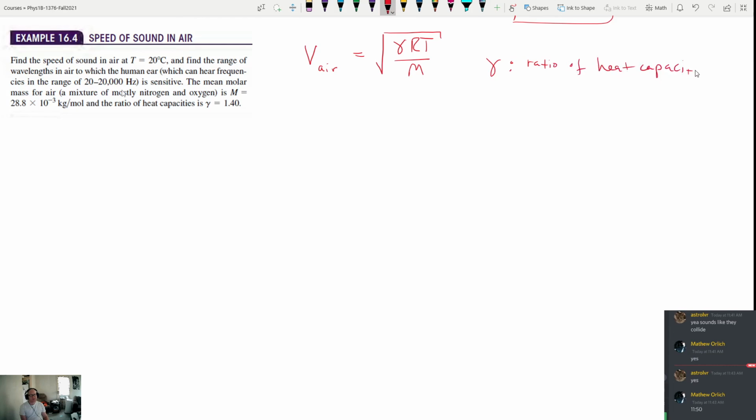They showed up a lot in the last exam. M is the molar mass, we know what that is. T is obviously the absolute temperature, and R is the gas constant. Sorry, this should be the velocity of sound in a gas. There we go. All right.